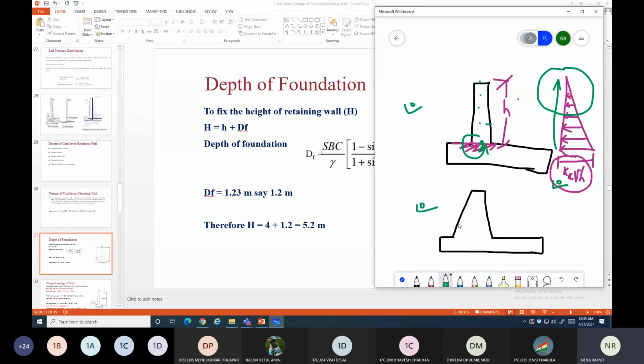Here you have provided a larger trapezoidal cross section because you get the maximum moment here, but as you go up you have reduced the cross section because the pressure is reducing. So this gives you an economical section, but here you are wasting the concrete, you are wasting the material. So the economical section for the stem is the trapezoidal one, but yes, if you want you can provide the rectangle also.